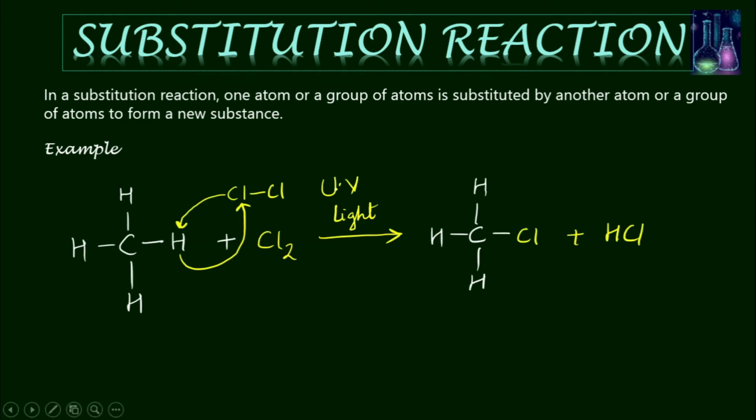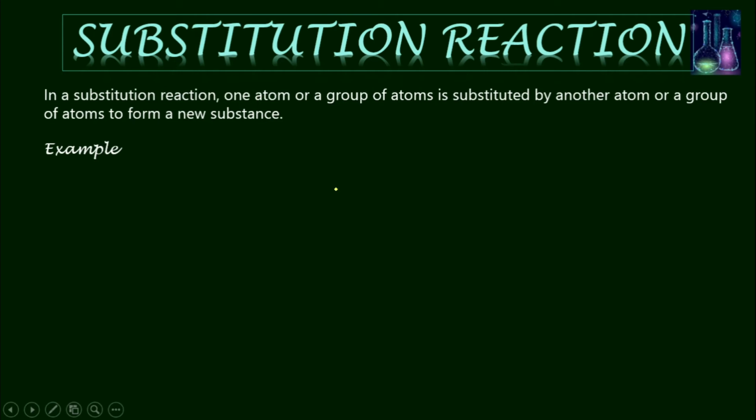Let's see our next example. Ethyl bromide, CH3CH2Br, is made to react with a strong base like OH ions.